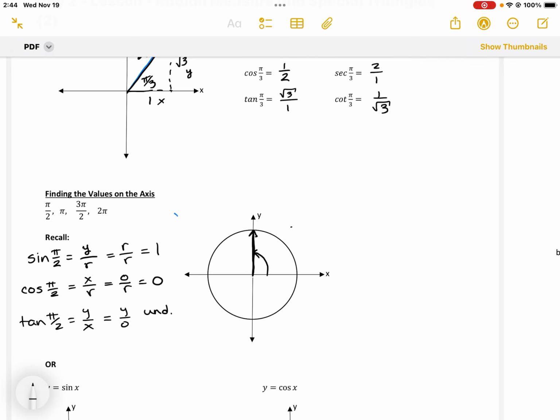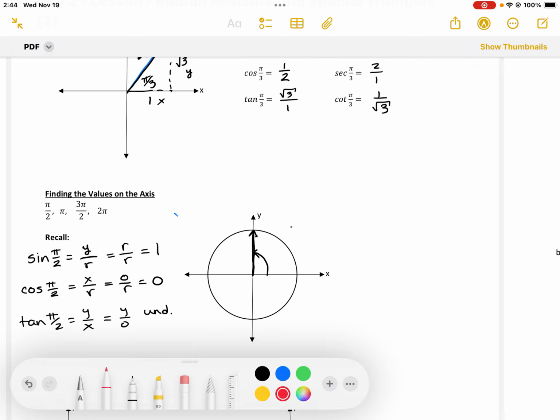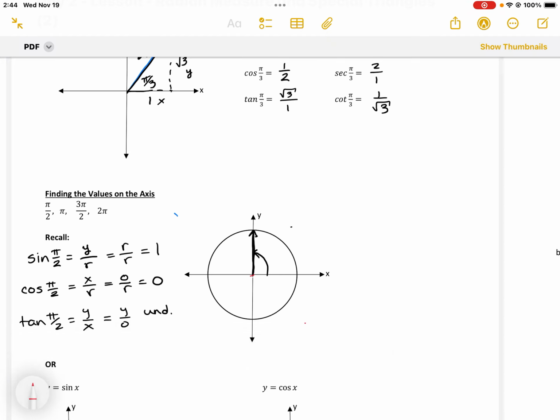So my angles are similar at the other sides. If I do them over here, at pi, which is 180 degrees, this time my x component is equal to the radius, and my y component is equal to 0. So sine and cos flip, and then my tan is going to be equal to 0.